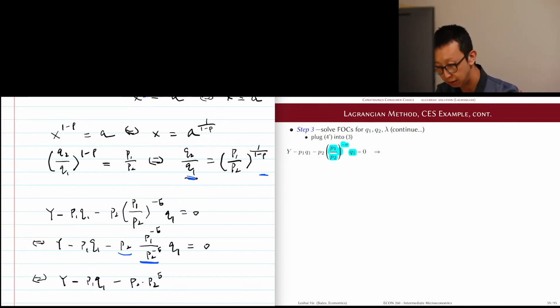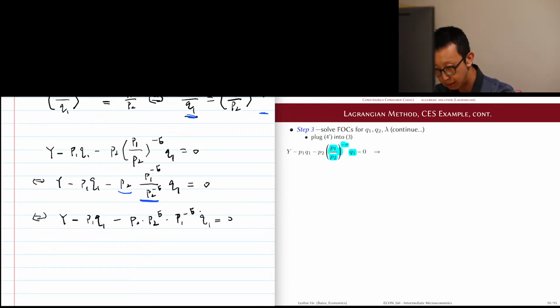That takes the negative sign out of the power, times P1 to the power of minus sigma times Q1 is equal to 0. And now we're able to combine the powers on these two P2 terms, and that gives us y minus P1 Q1 minus P2 to the power of 1 plus sigma times P1 to the power of minus sigma times Q1 is equal to 0.